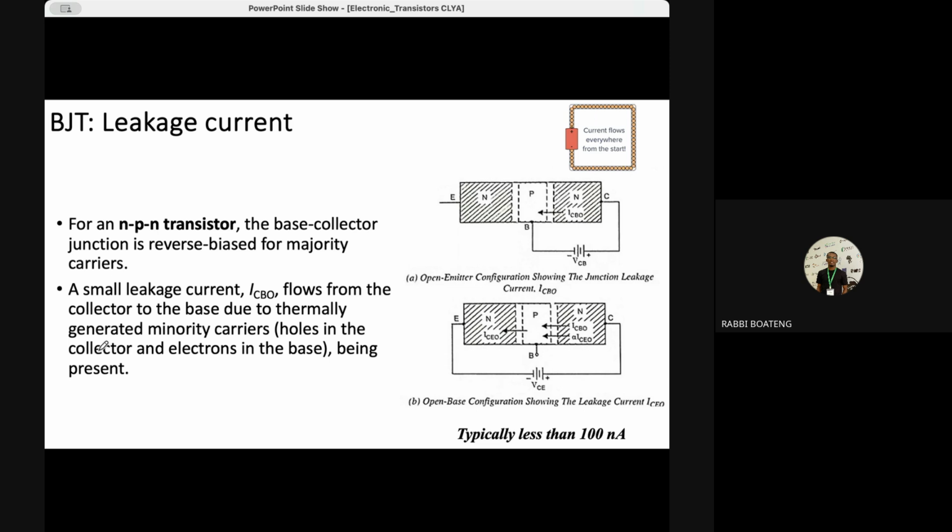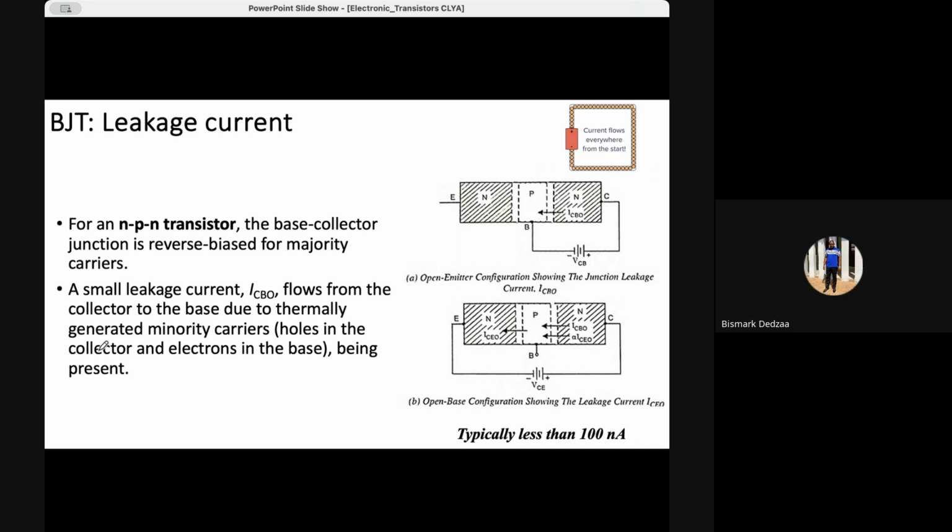And I told you, from our previous understanding, anytime there's a movement, there are a lot of things that influence the ejection of electrons or the holes in their movement. One thing we said can be a source of photons, it can be a form of EM field, it can be concentration gradient, it can be thermal energy.